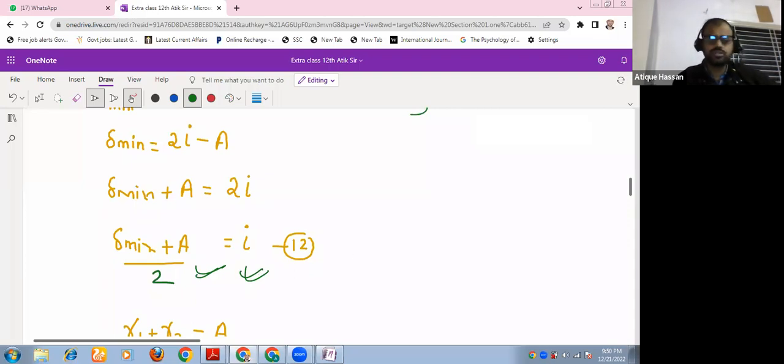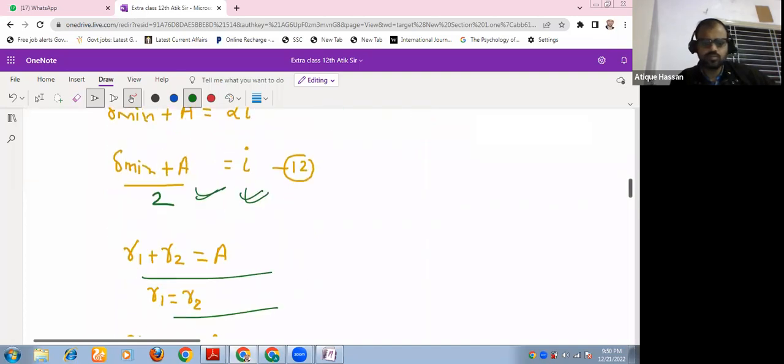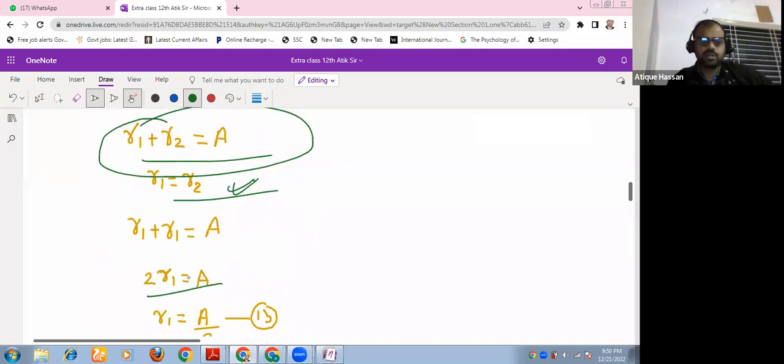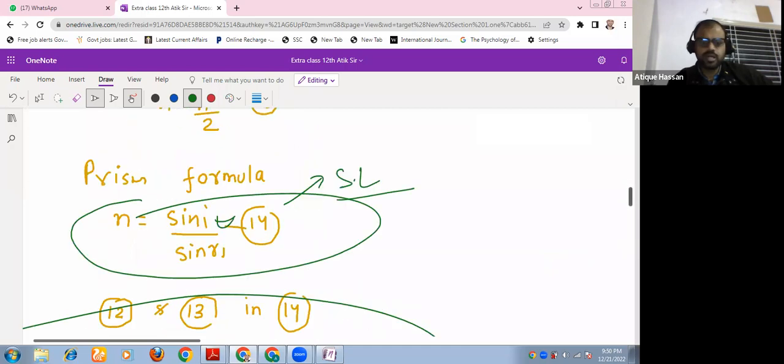So this you understood. Now we know that R1 plus R2 equal to A, and obviously if angle of incidence equal to angle of emergence, we can write R1 will be equal to R2. If R1 equal to R2, then you can get R1 will be equal to A by 2, and this you understood.